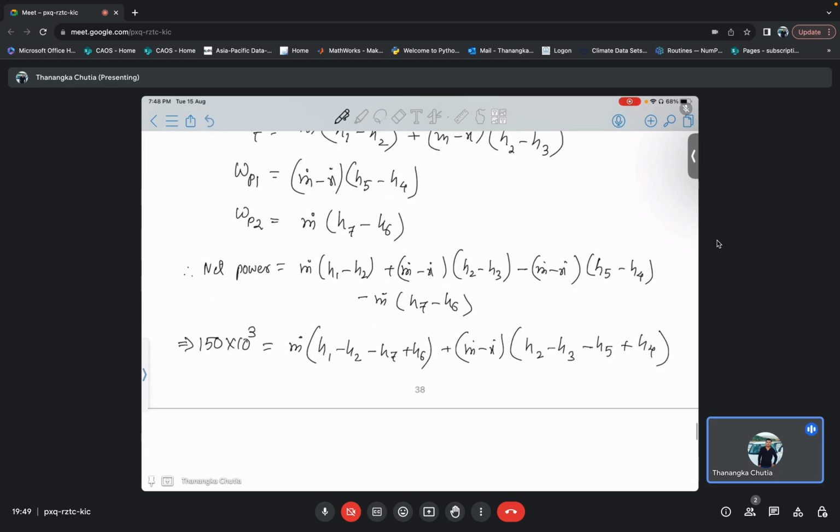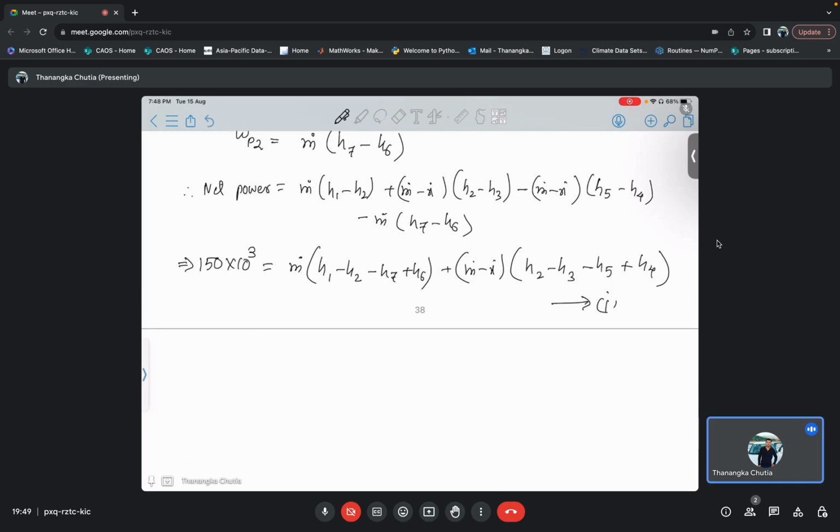From here we know all the h values, but we don't know m dot and x dot. So one equation and two unknowns are there. So this is equation number 1. Now we need to find a relation between m dot and x dot, then only this equation can be solved.